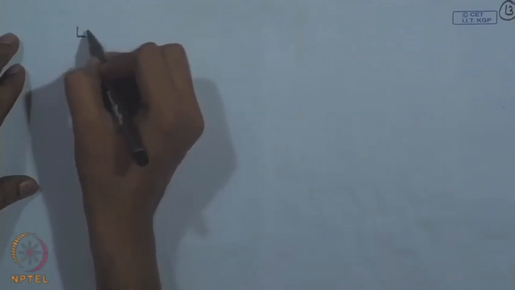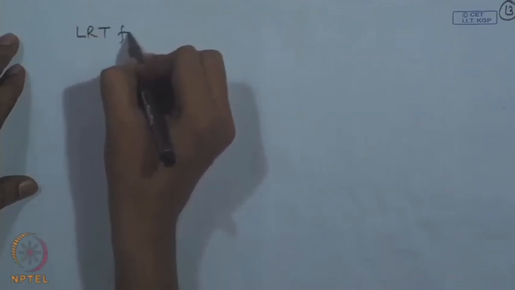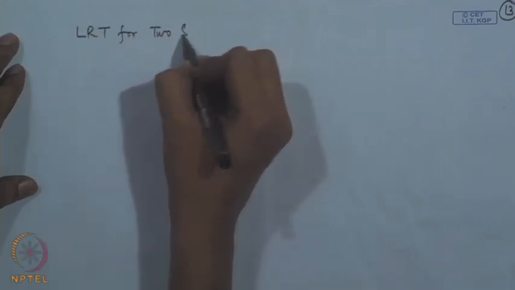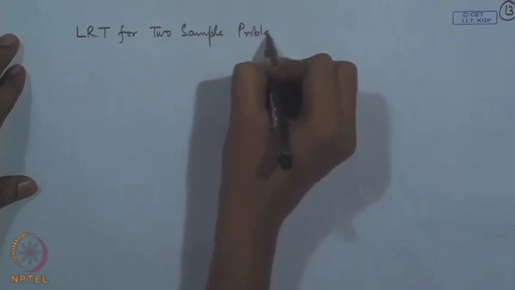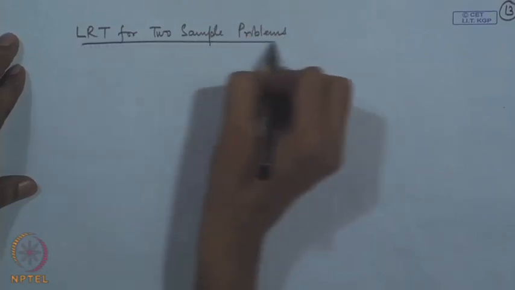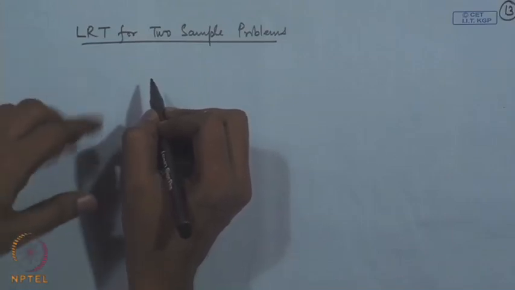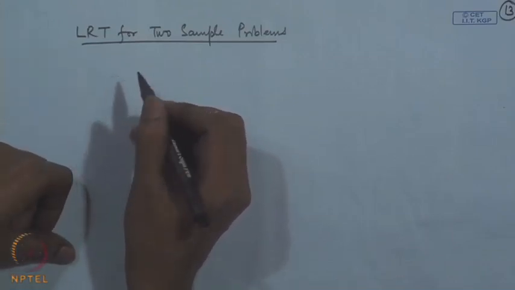Now, we take up the likelihood ratio test for two sample problems. To start with, I consider random samples from two normal populations.